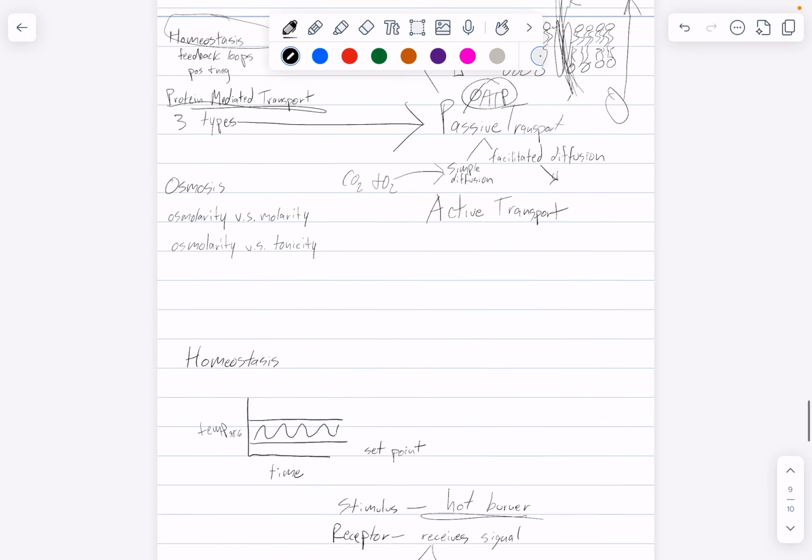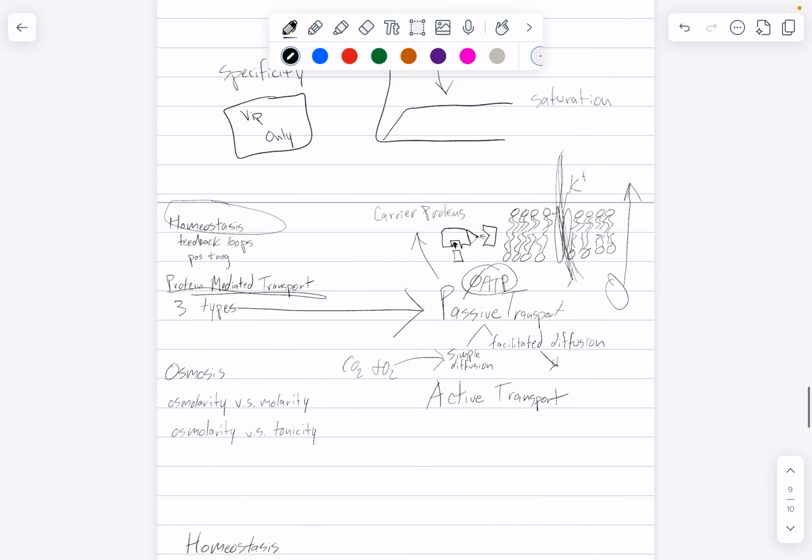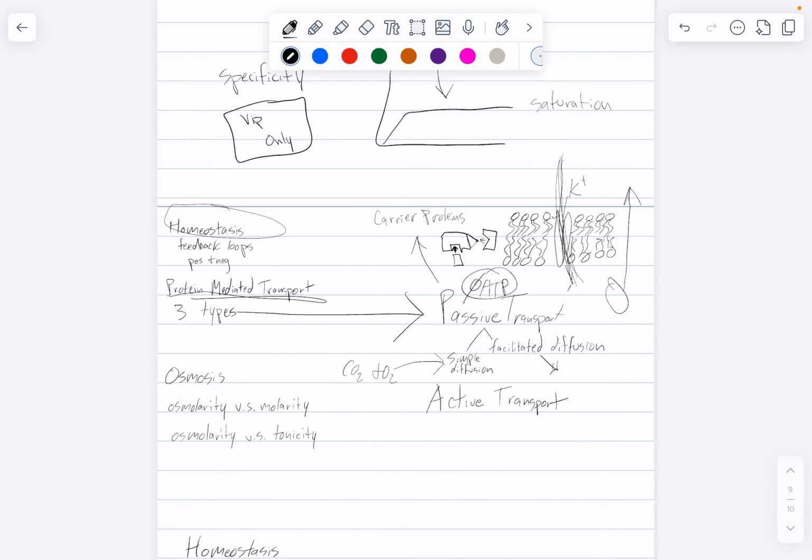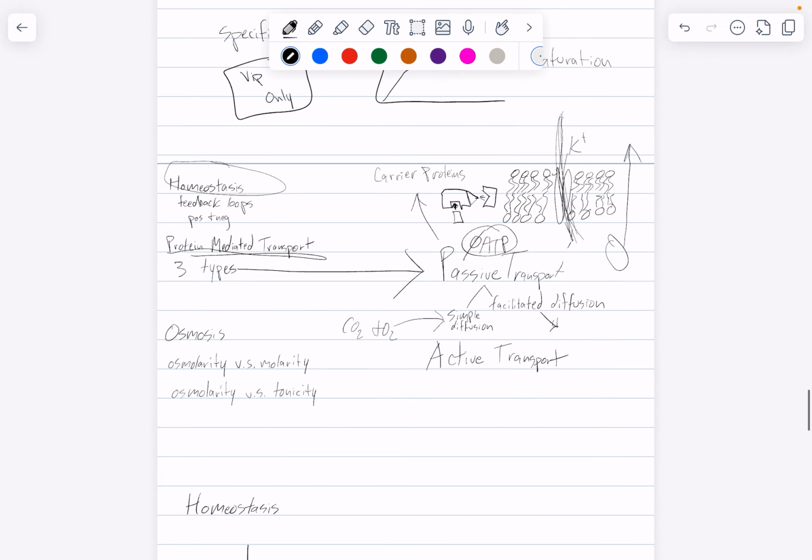That, I think, is all for the protein-mediated transport.